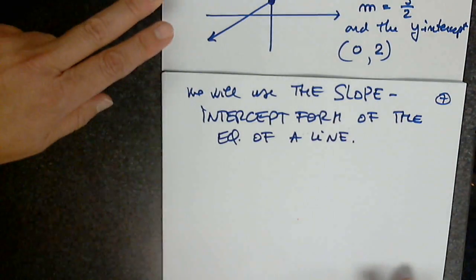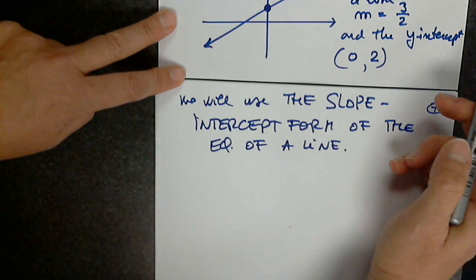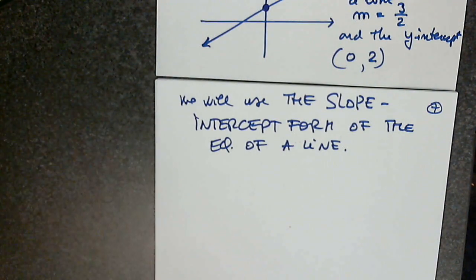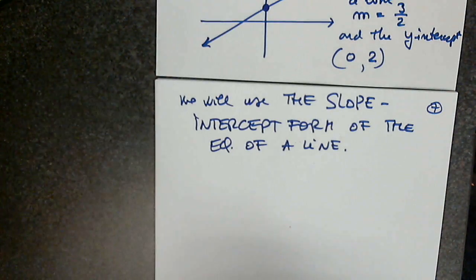I'll read everything one more time. If we have the slope of a line, and we pick the slope as being 3/2, which means it goes up 3, and at the same time to the left 2. No, I'm sorry, to the right 2, because it's positive slope, right? So it goes up 3 and to your right 2.